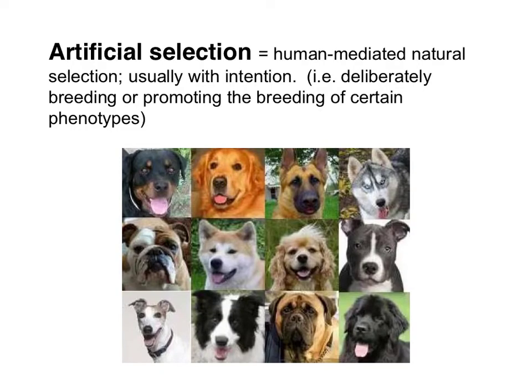Not really so much relevant to microbiology, but maybe just interesting to you, is also the idea of artificial selection. So a great example of that is pet breeds. For example, the dog breeds shown in this picture. Artificial selection is when we have human-mediated natural selection, usually with some sort of intention. And the best example of that is what I've got here, for the example of deliberately breeding or promoting the breeding of certain phenotypes.